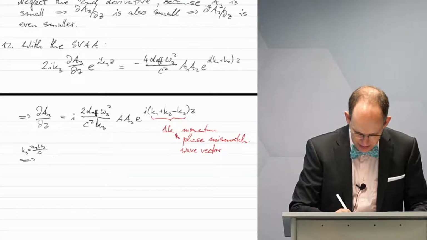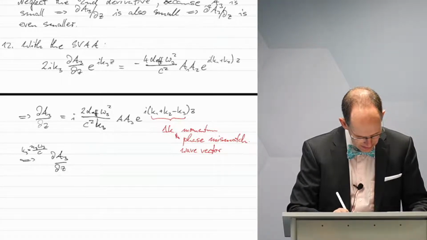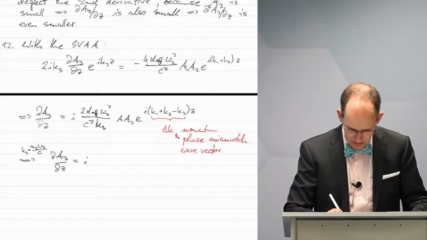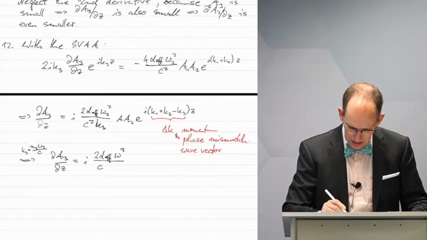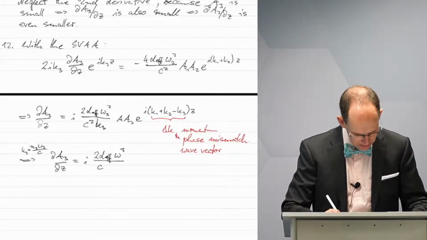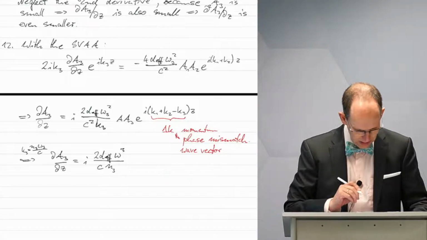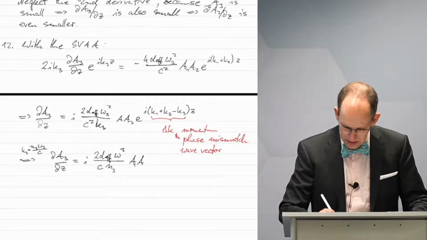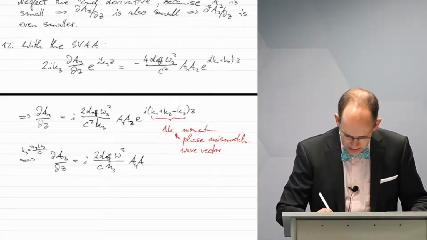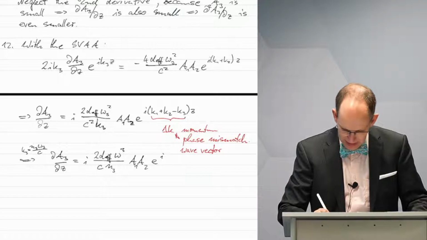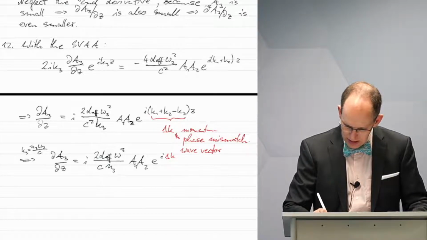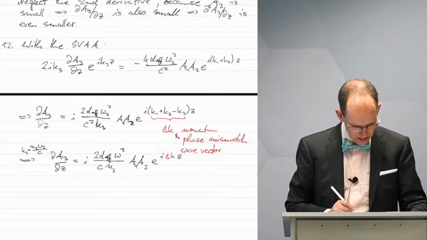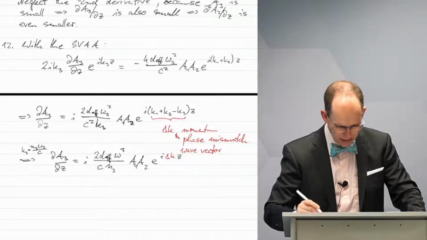We find that dA3 over dz is equal to i times 2 times the effective nonlinearity, then just omega 3 divided by c. One cancels with this k3. And then we have n3, and that's it, times A1 times A2 times e to the i delta k times z. So that's equation 28.